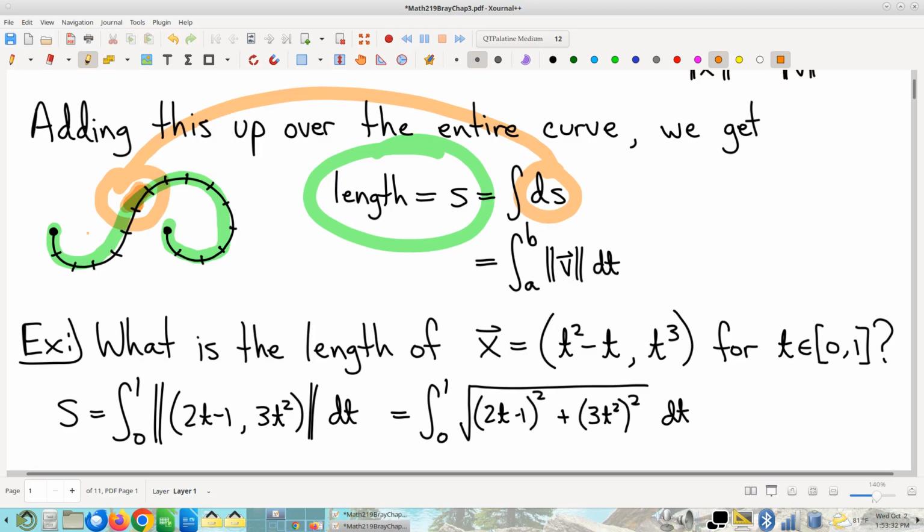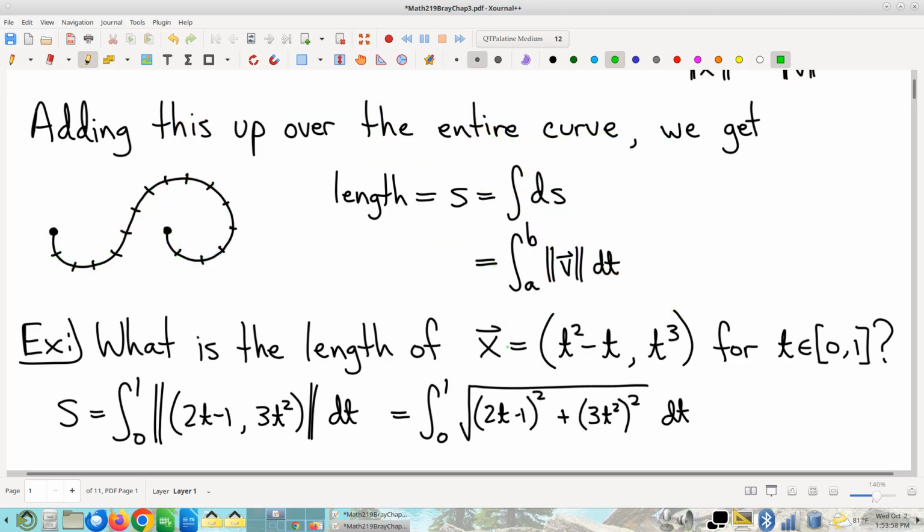We already know how to compute what the length of that little piece is. ds is v dt. We could do this for every one of the little pieces, and let's just add up over the entire curve. So adding up all those little ds's gives you your total length s. Pretty believable, I hope.